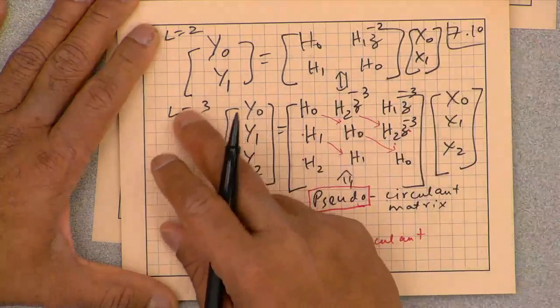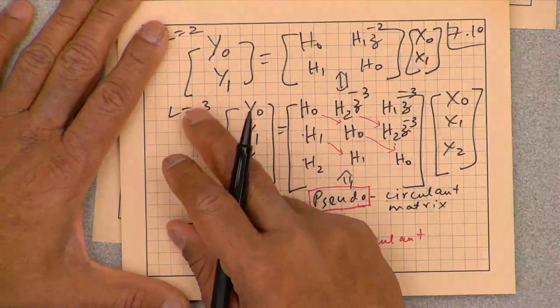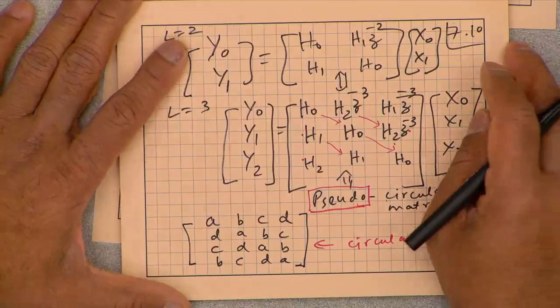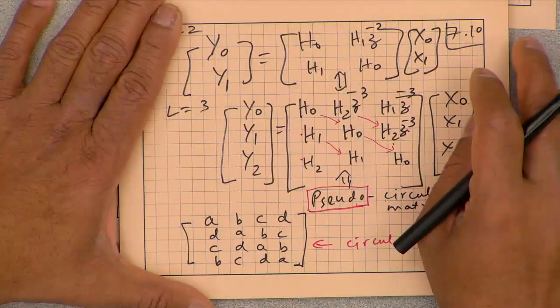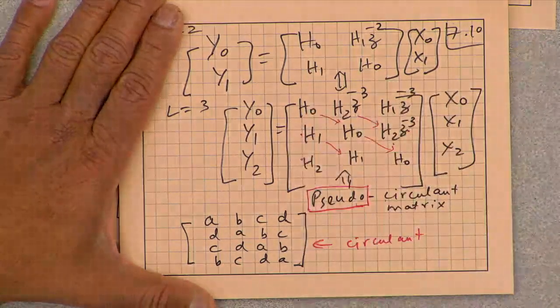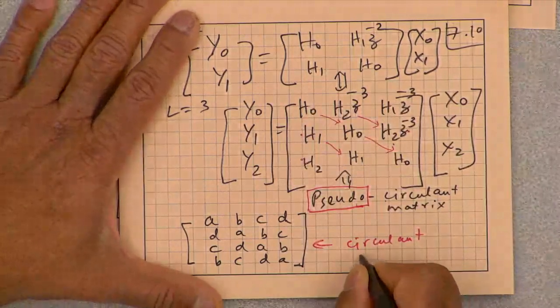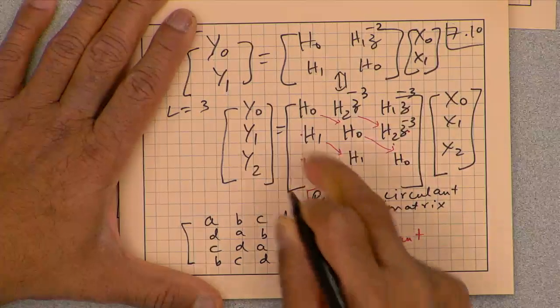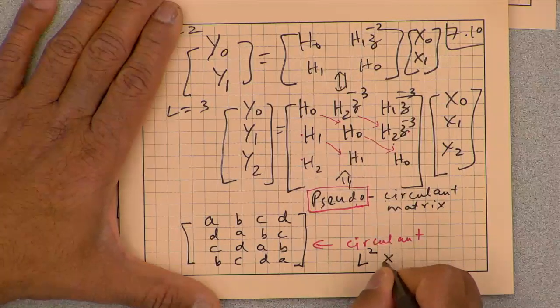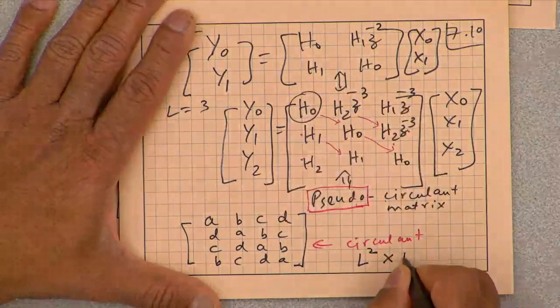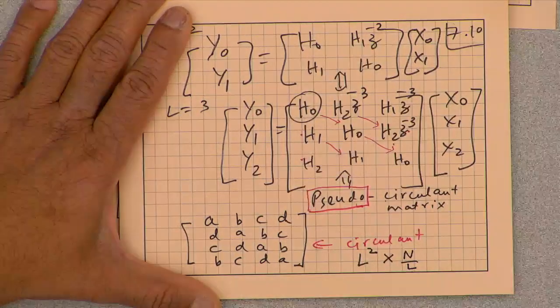If I use L polyphases, then we have a matrix here which is L by L. There are L squared elements, an L by L pseudo-circulant matrix, and each of these is N by L taps of filter.